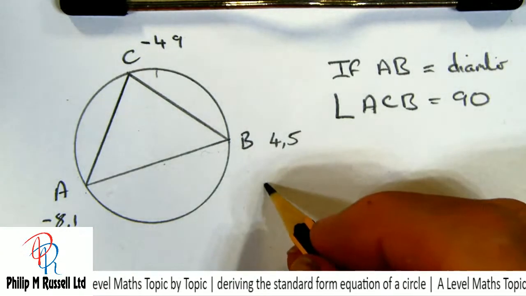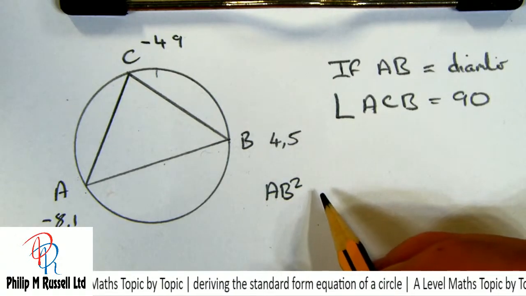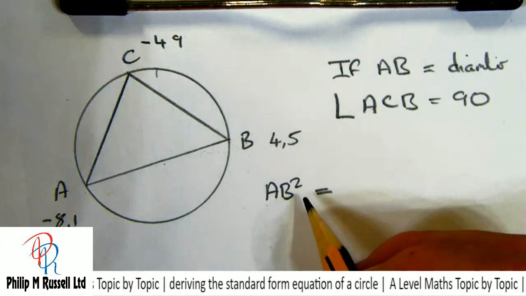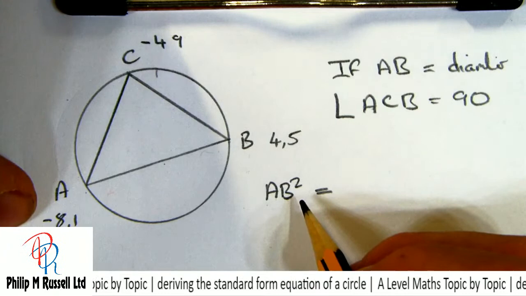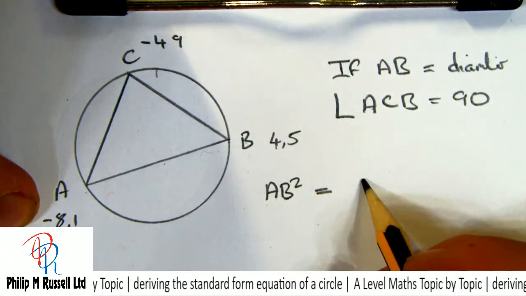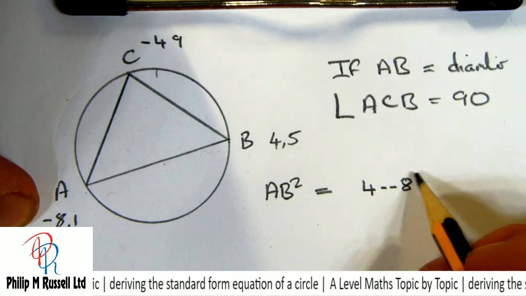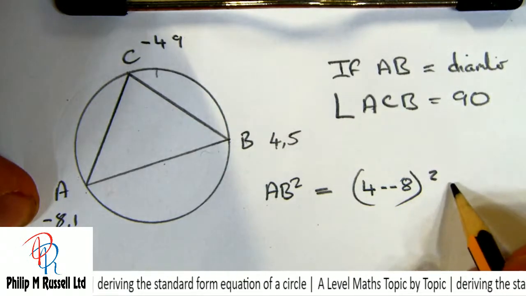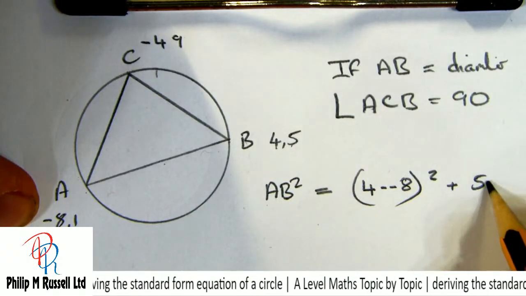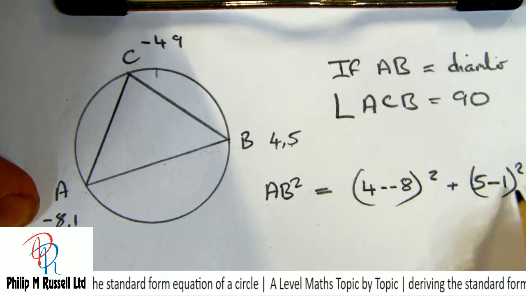So I know that AB squared is going to equal, let's think about trying to draw this line in. So it's going to be here 4 minus 8 all squared plus 5 minus 1 here all squared.